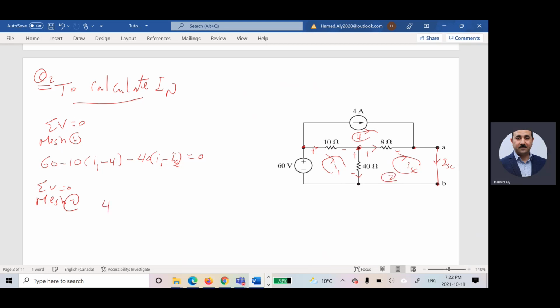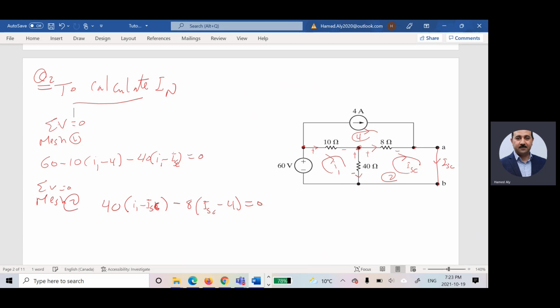I can say 40 times I1 minus I short circuit, yes. Minus 8 multiplied by I short circuit minus 4 equals 0.